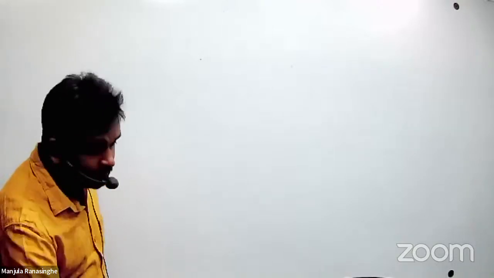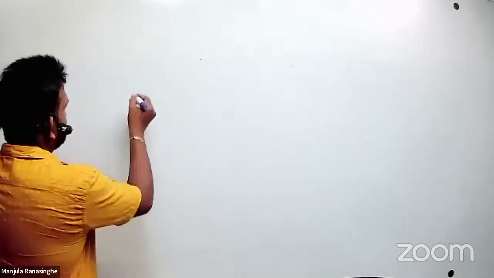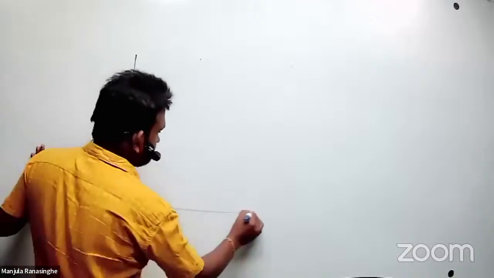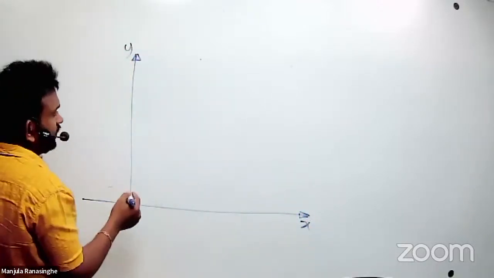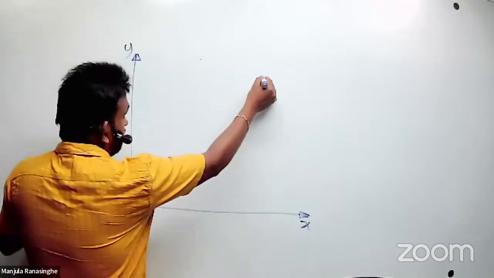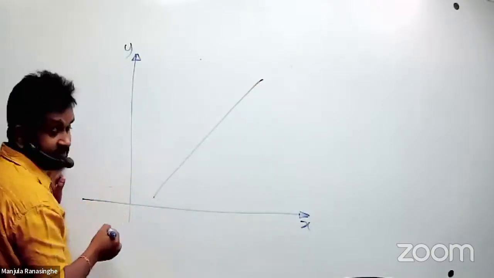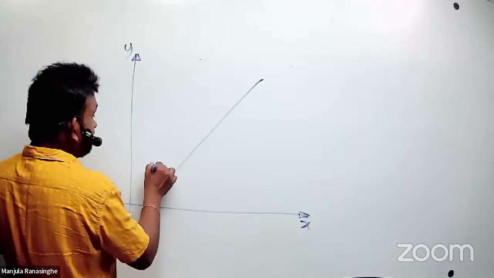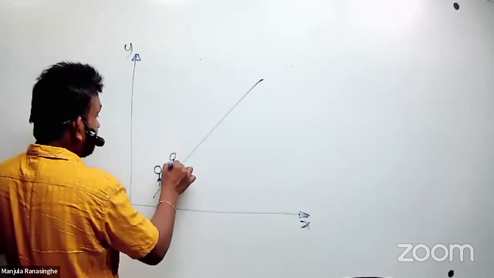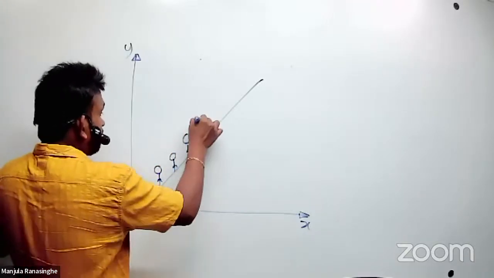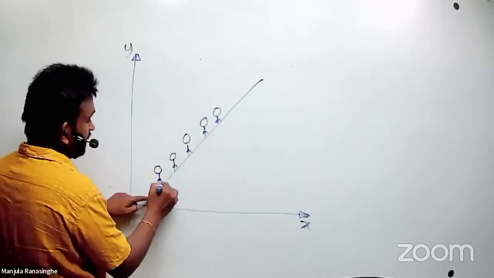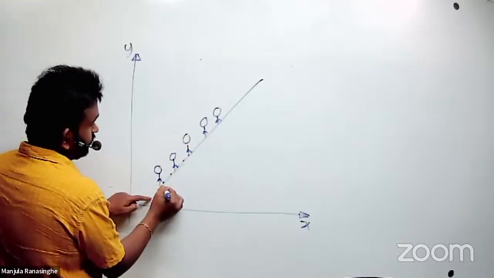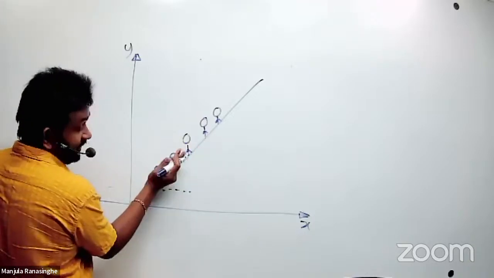Let's see what is a gradient. If I take this x and y axis coordinate plane and draw a straight line, you can see an inclination. If someone is climbing up along the straight line, you can see that it has an inclination.